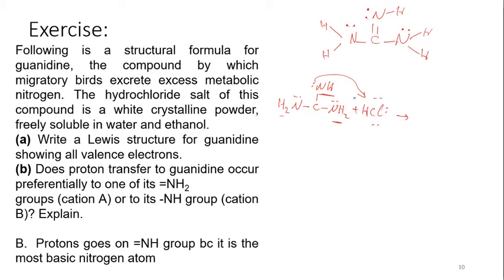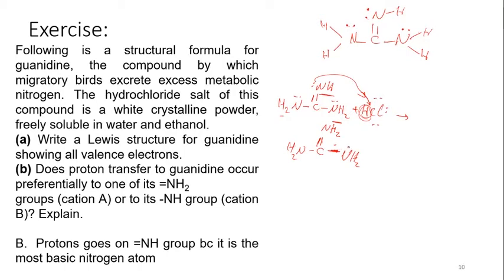So what will happen is a moving of those non-bonding pairs to that side, and my proton will move to the other side. So I will have this structure C, NH2, and here I will have NH2, and I forgot to use the double bond, so I will have it here again, and here I will have NH2.